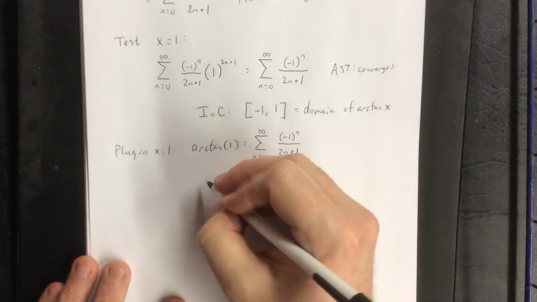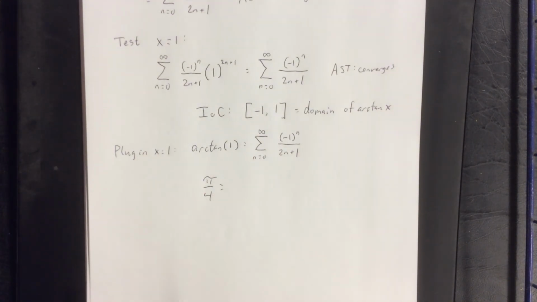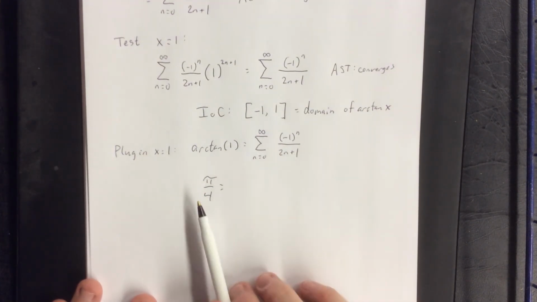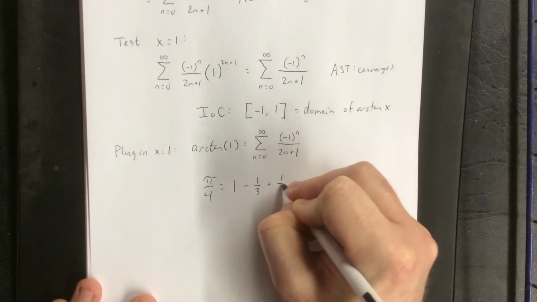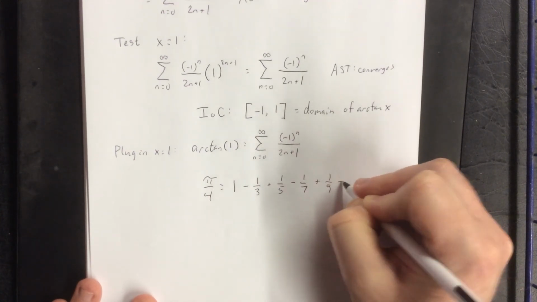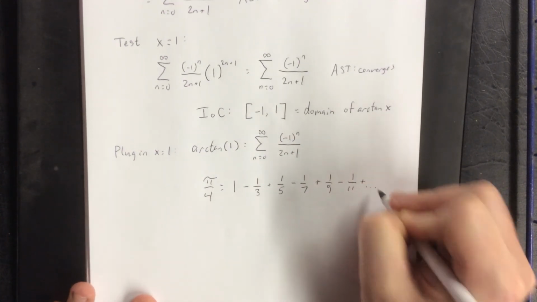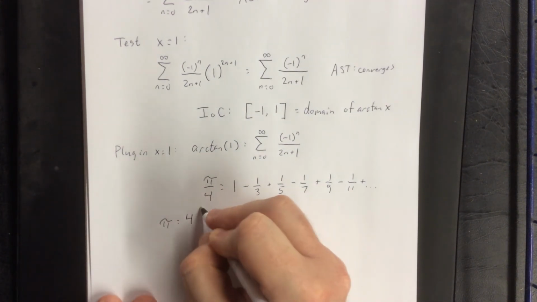The arctangent of 1 is equal to pi over 4. And according to this formula, pi over 4 is equal to 1 minus 1/3 plus 1/5 minus 1/7 plus 1/9 minus 1/11 and so forth and so on, which gives us the following representation of pi.